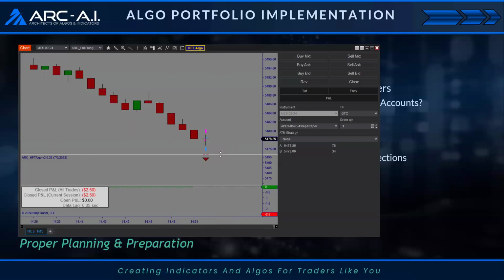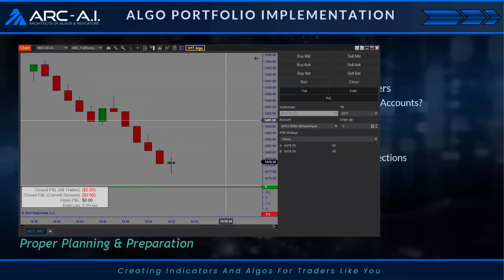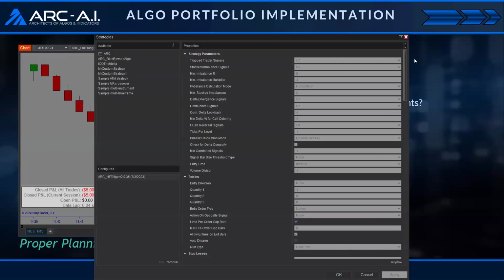So it did take a trade there. Let me set up bigger numbers because I don't know if it's closing out automatically or if it's closing out from the algo.